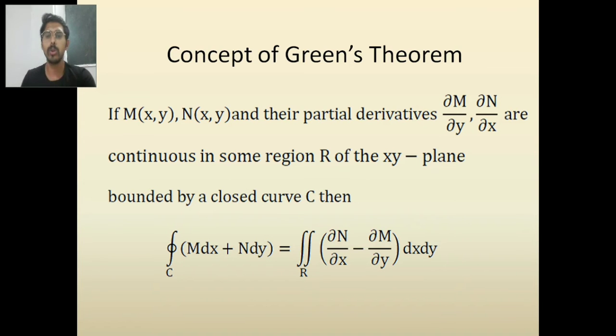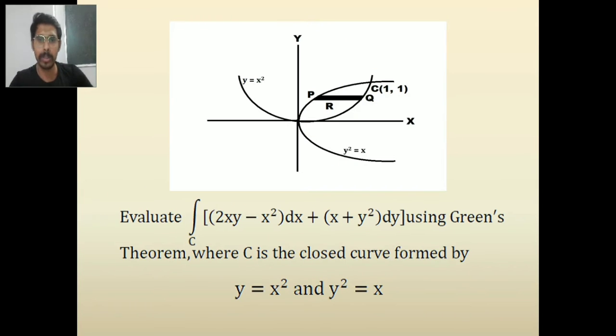Okay, so first of all, let us start with an application so that we can get more into the concept. So let us talk about this question. In this question, as you can see, there are two parabolas and there is a region bounded by these two parabolas, and the region is named as C, and we have to evaluate the integration over C of (2xy minus x squared) dx plus (x plus y squared) dy.